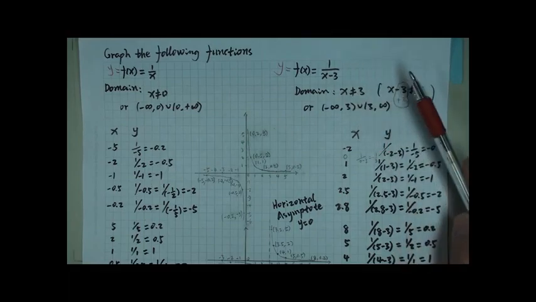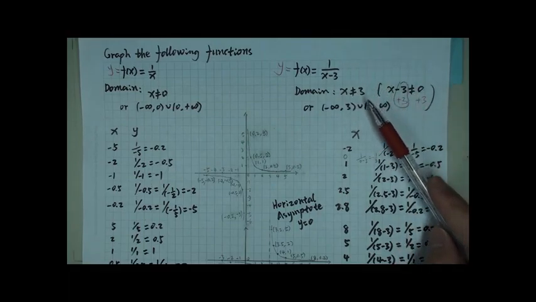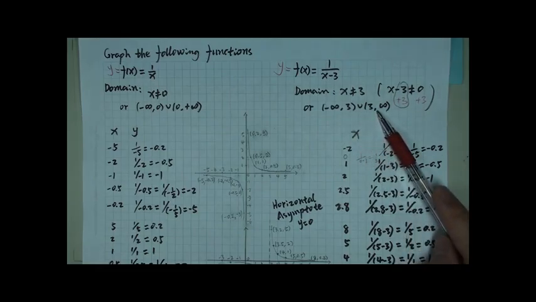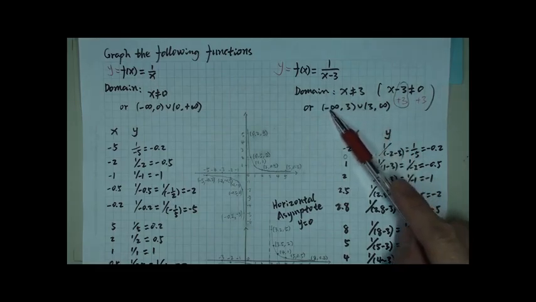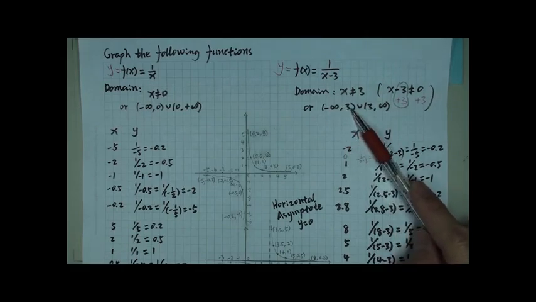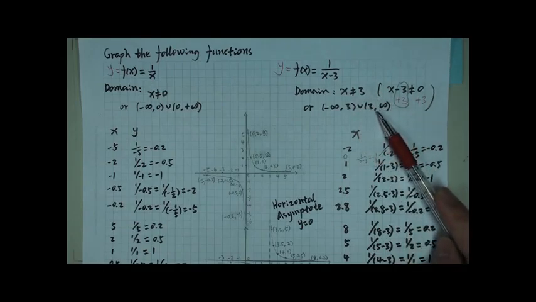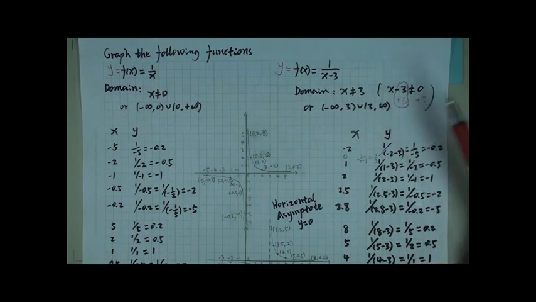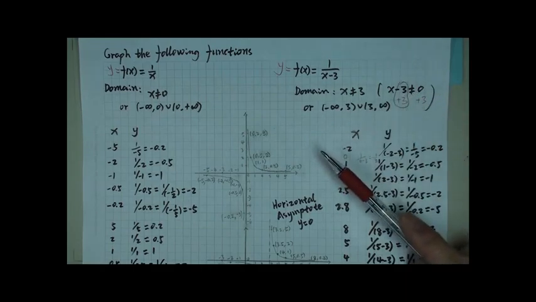The interval solution will be from negative infinity to 3, where the round bracket means 3 is not included, and then from 3, again not included with the round bracket, to positive infinity. So that's the domain.